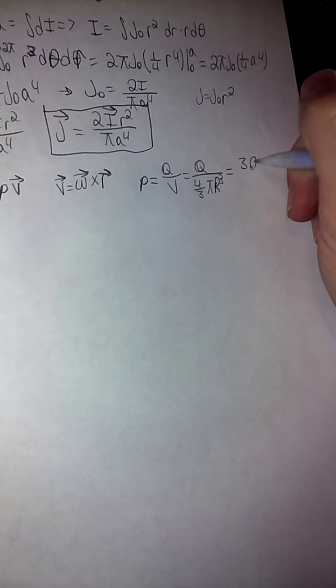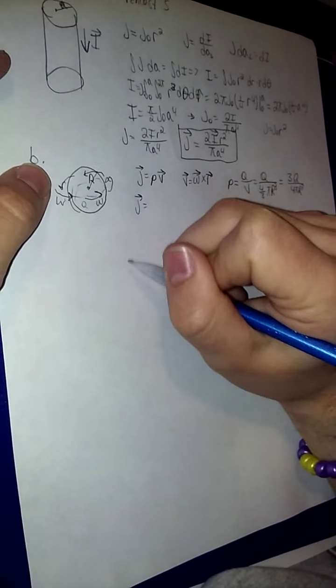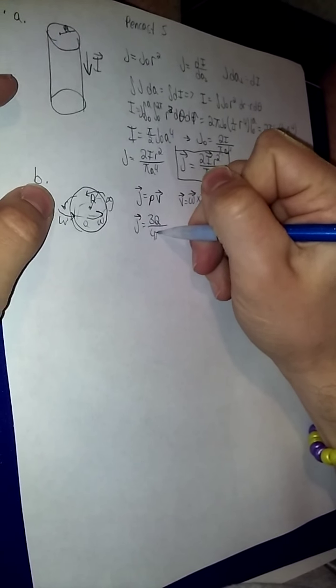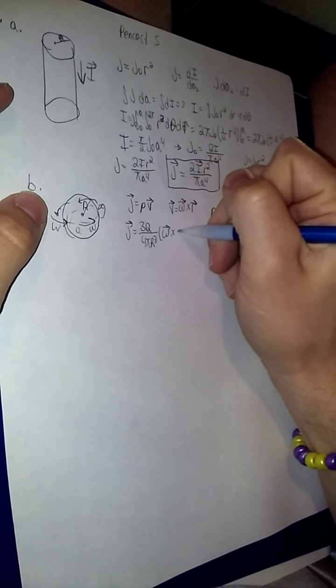And so 3Q over 4 pi R cubed. All right, so plugging these in, J equals 3Q over 4 pi R cubed, omega cross R.